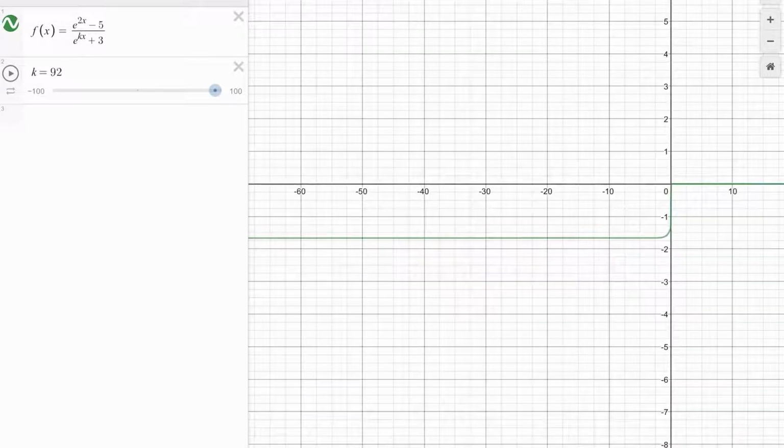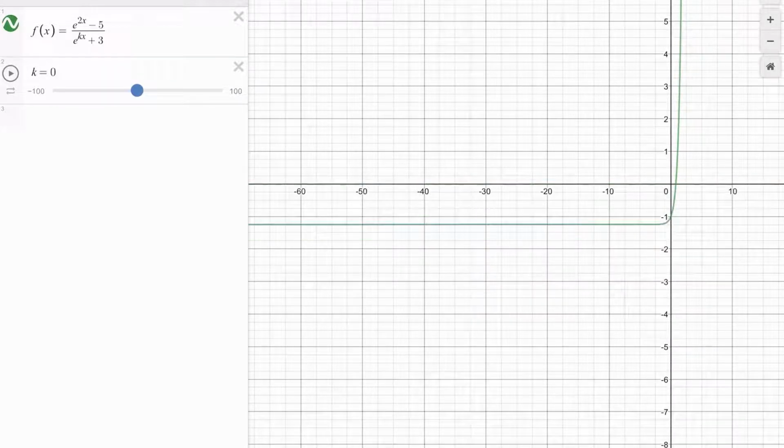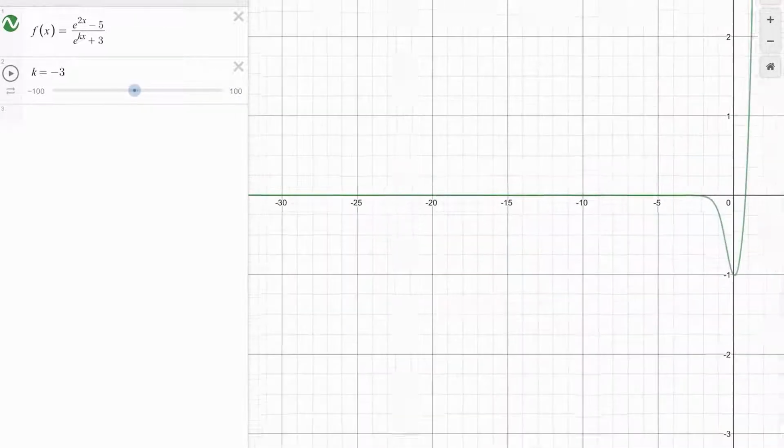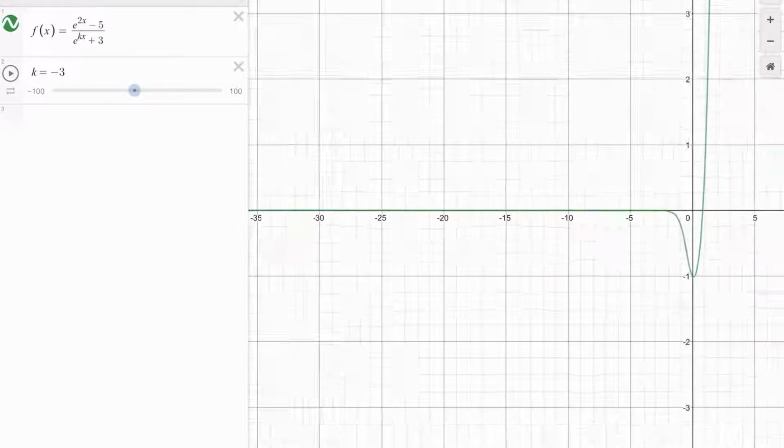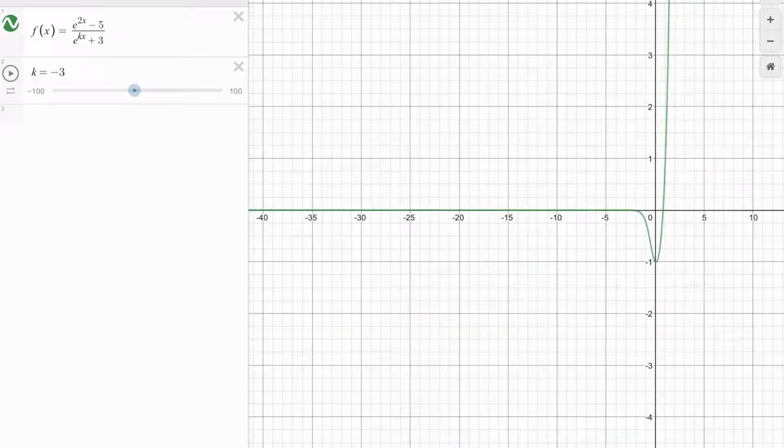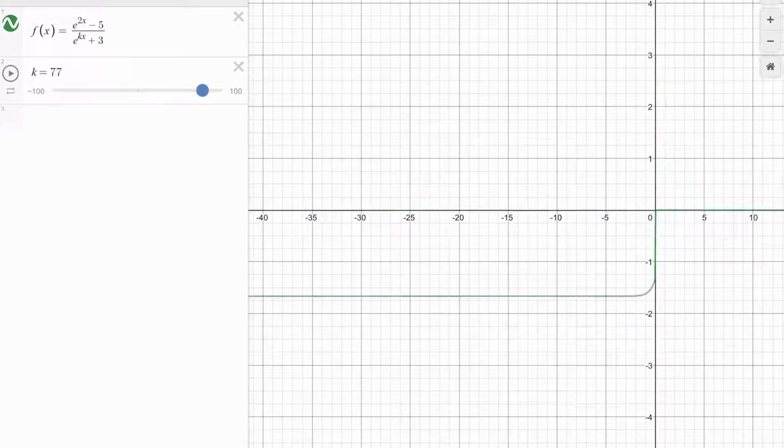It's clearly still there. Now over here, we can see that horizontal asymptote clearly changes value when k is negative, but it still exists, and then I continue to get more and more negative. So you can see no matter where I put this slider, there's still a horizontal asymptote to the left. So we know that the limit will exist for all values of k.